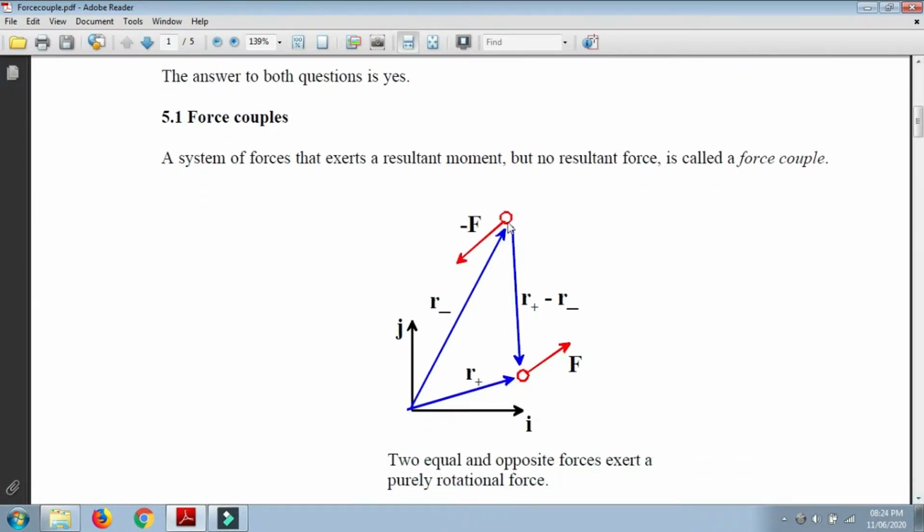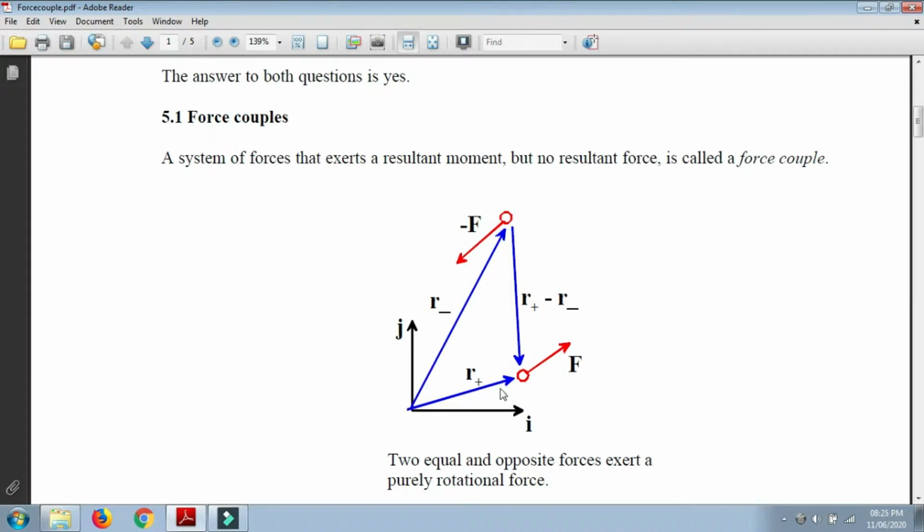This is an example of a force couple. See, this force is F. This force is not F, it is minus F. What is common between them? They have the same magnitude, but what is different? This is a positive force, and this is a negative force. Again with the same logic, this is our origin.